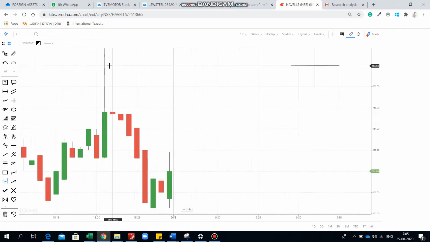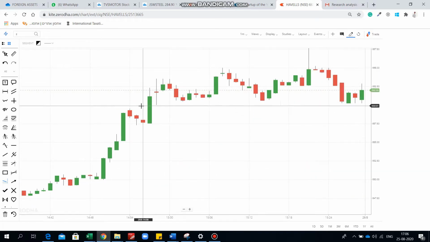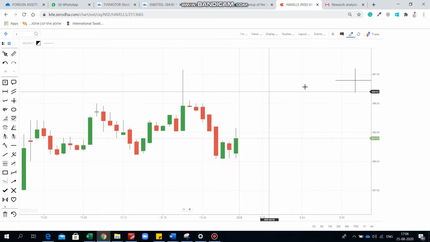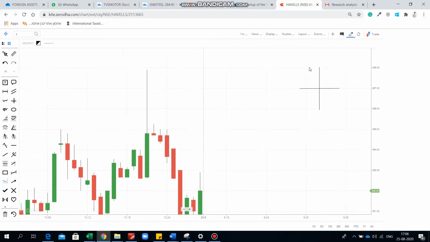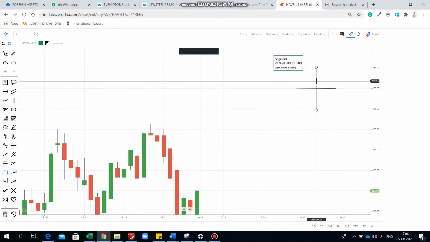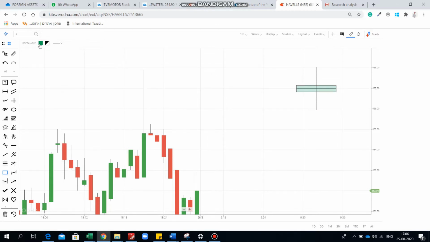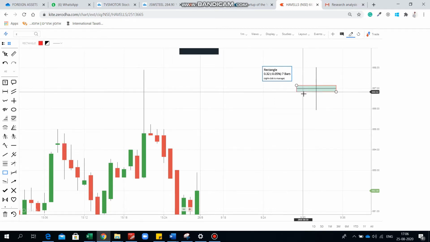Okay, see here, this candlestick is the same, but there is a body over here of a red candle. So we can't call this a Doji candle. A Doji candle will never have a body. It will not have any kind of red or green body. It won't be like this. It will be just an addition sign, that's it.